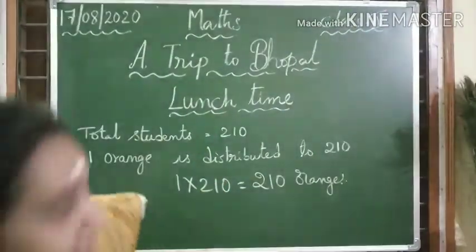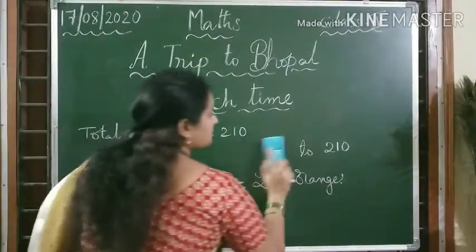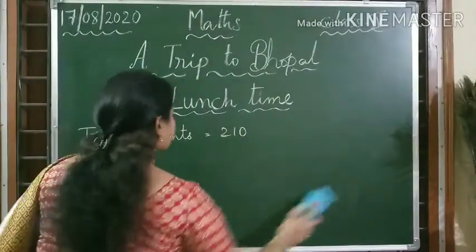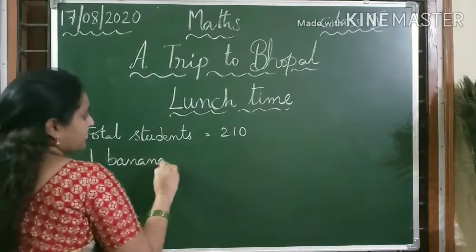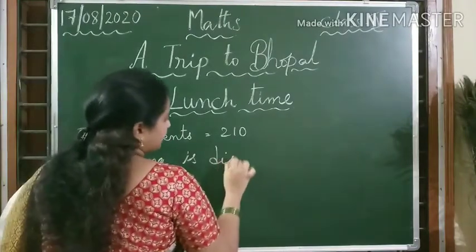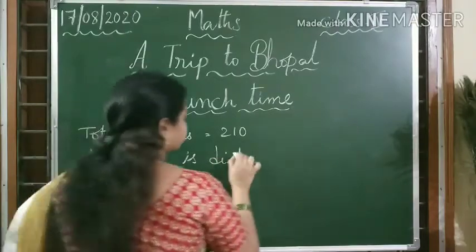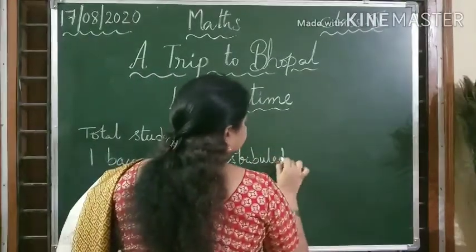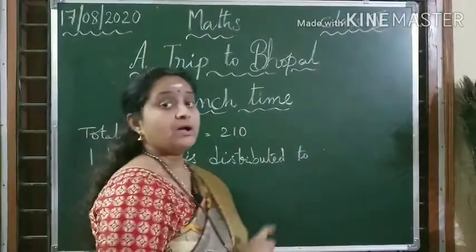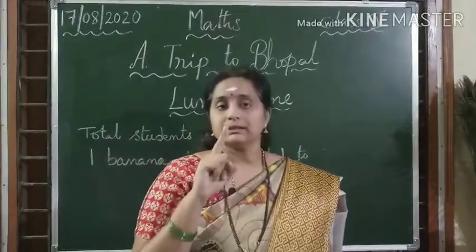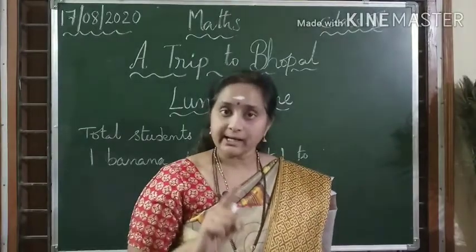Now, let us see about bananas. One banana is distributed to how many children? In that, 38 students did not take bananas.